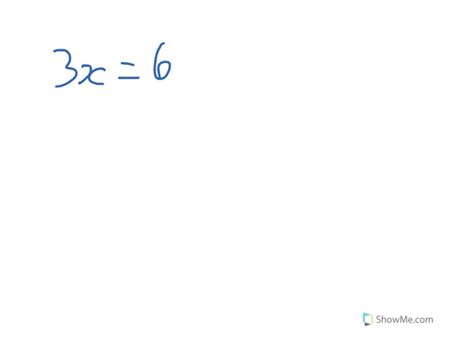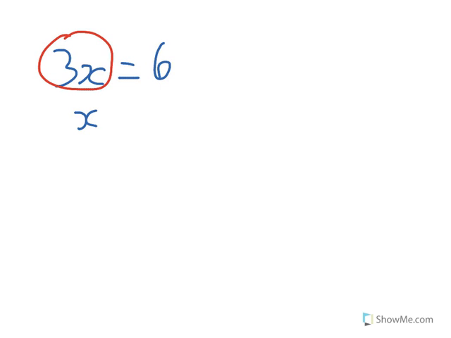The first one, as you can see, is 3x equals 6. Now obviously we want to know what x will equal. Okay. Now if I ring this 3x here, what does that actually mean? It means 3 times x.